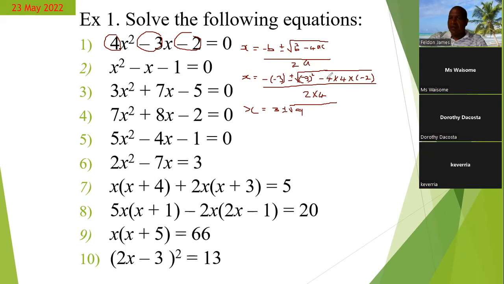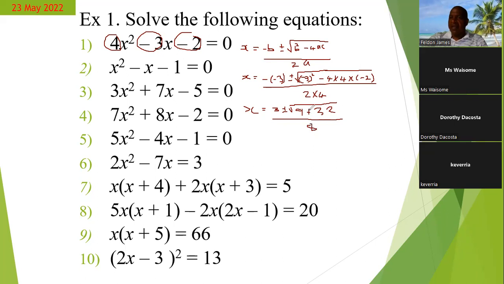When you multiply two negatives together, you're going to get a positive. So we're going to have 4 times 4, 16, times 2. That will give you 32, but that's going to be a positive 32. So you're going to add that. And then you put that over 2 times 4, which will give you 8.